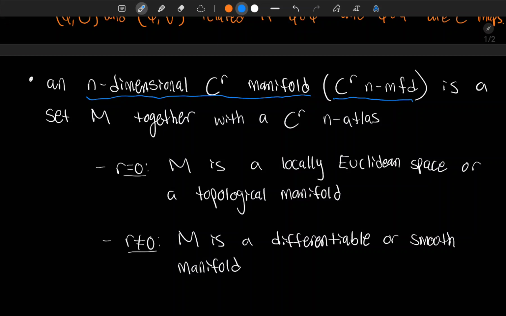So for some specifications here, when R is equal to 0, M is called a locally Euclidean or topological manifold. However, when R is not equal to 0, M is a differentiable manifold or a smooth manifold. We'll be more interested, at least physically, with smooth manifolds.